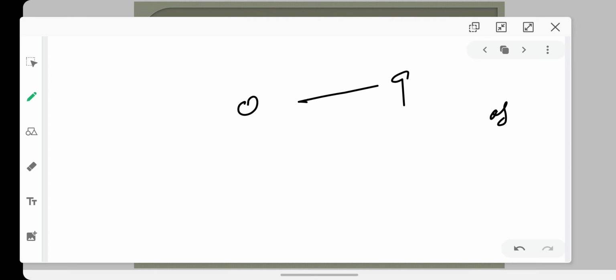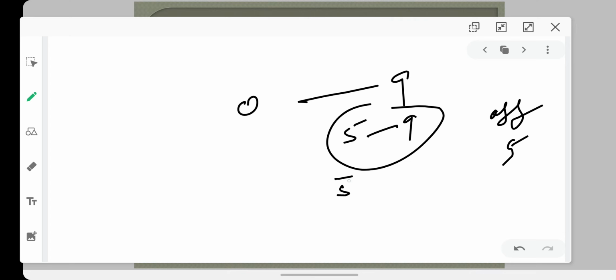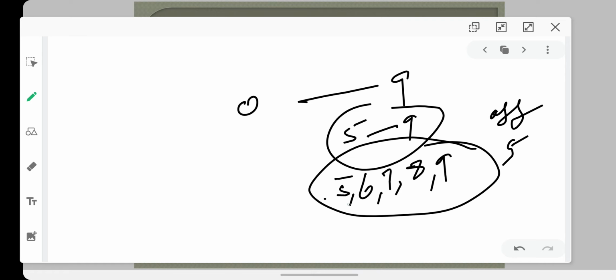From 5 to 9, that is 5, 6, 7, 8 and 9, all these 5 blocks of data are addressed by the processor with the address A. So you got it, right?